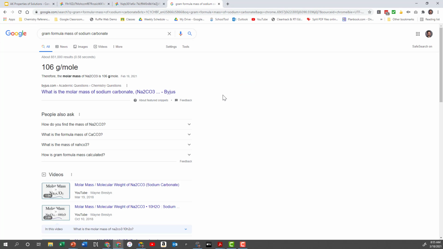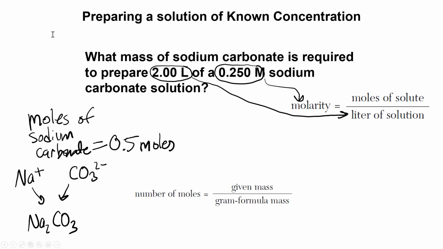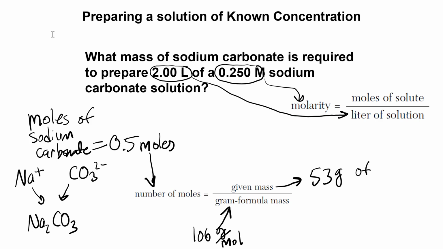It is 106 grams per mole. Perfect. Not really cheating, by the way. So this is 106, unless you're told to find it and calculate it. So the moles is right here. When we multiply by 0.5, our given mass is going to be half of that, so it's going to be 53 grams of sodium carbonate.